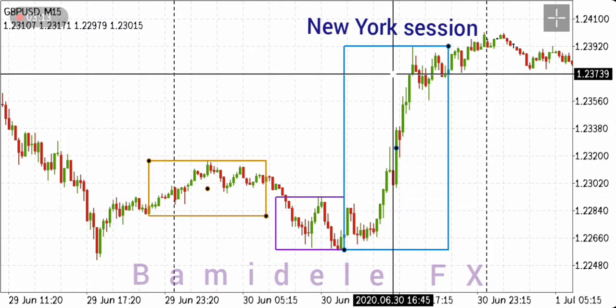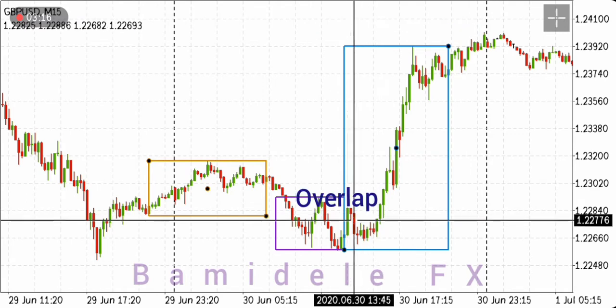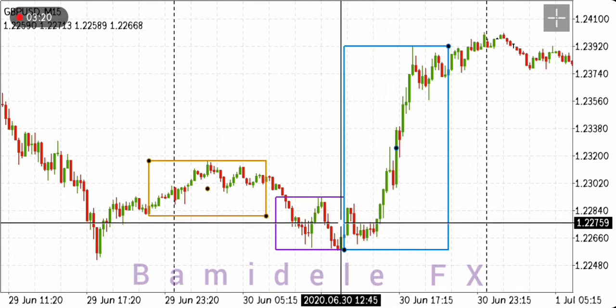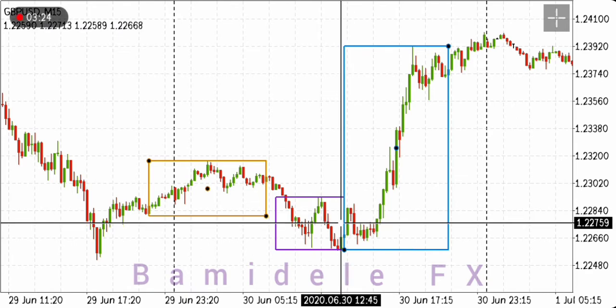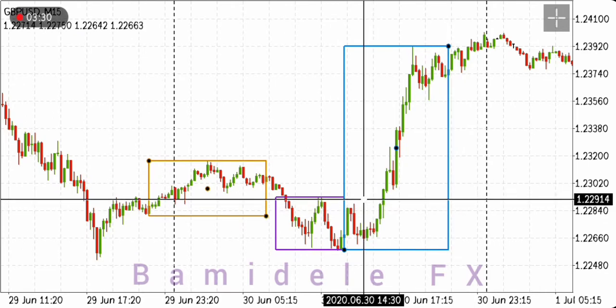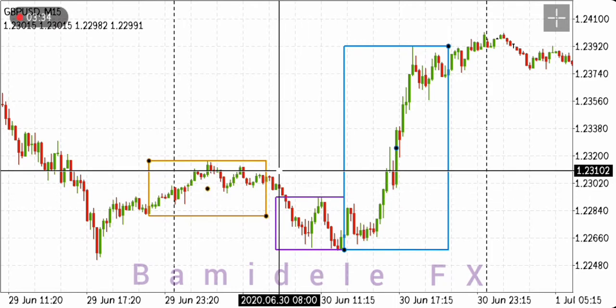This blue box here is the New York session. So the London session overlaps with the New York session. The New York session begins about 13 o'clock, 1 p.m. GMT, to about 9 p.m. GMT. So this is what happens every day, and the chart behaves accordingly.